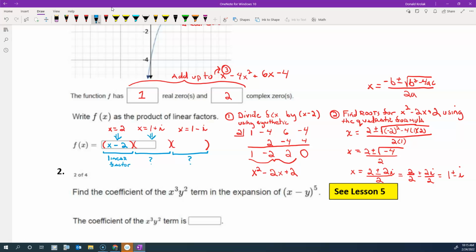Those are the roots. So this is going to be x minus 1 plus i, and this one is going to be x minus 1 minus i. And there's your solutions.